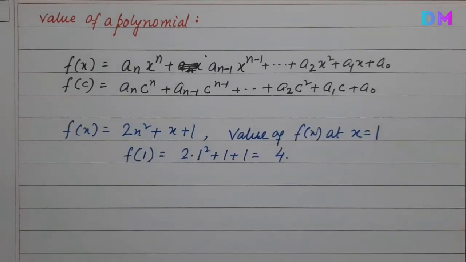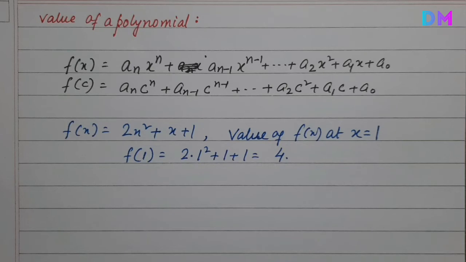For example, suppose f(x) equals 2x square plus x plus 1, then the value of f(x) at x equals 1, which is denoted by f(1), is 2 into 1 square plus 1 plus 1. So here we put x equals 1 in place of the variable x.